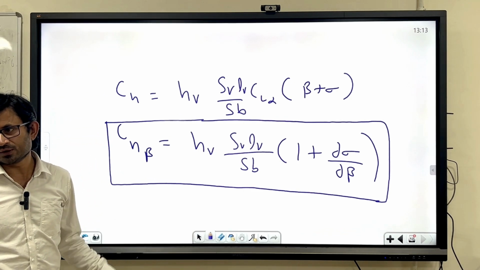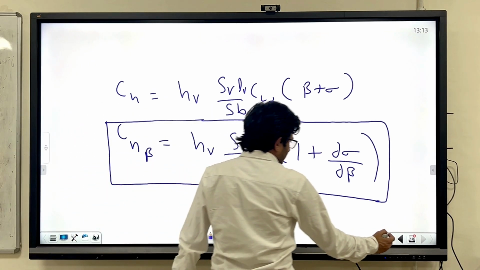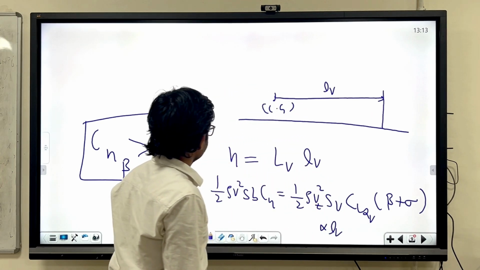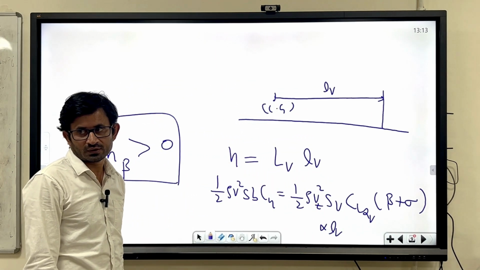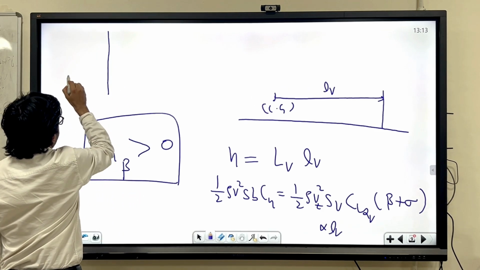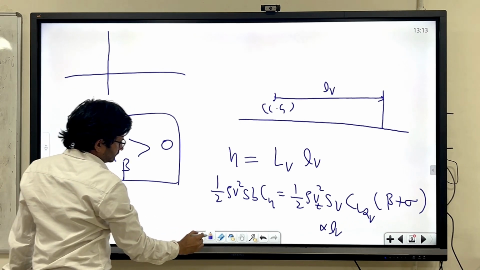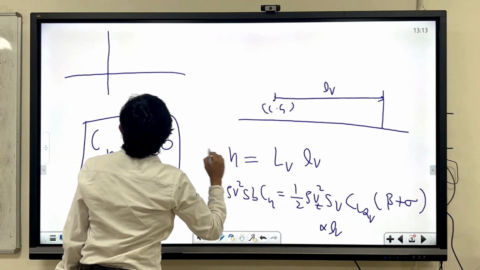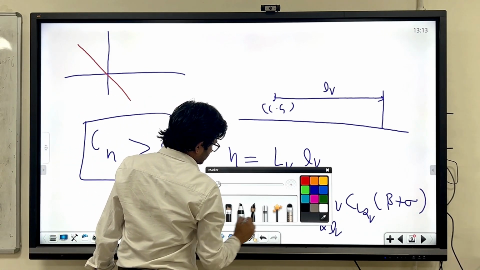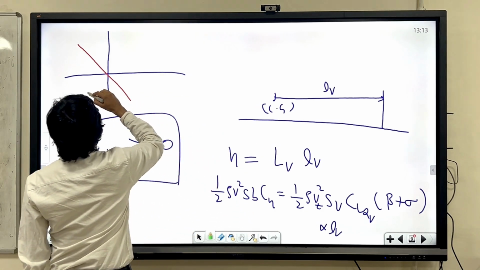So Cn beta is positive. So what you have said here, Cn beta positive, it is coming, right? So you can draw the graph also. This is one case and this is the other case.